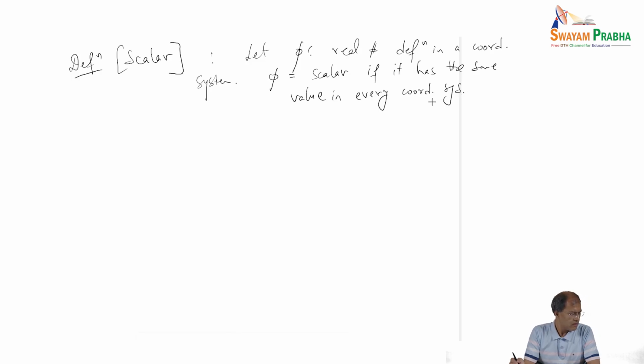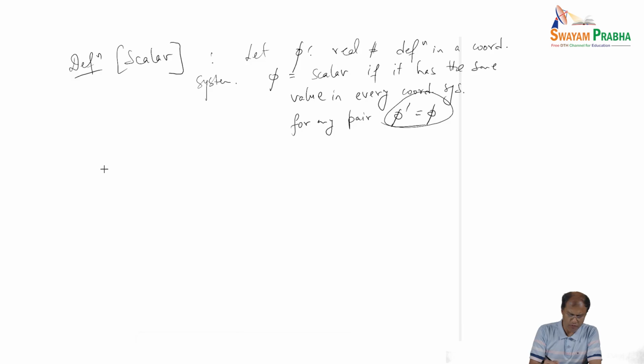So that is for any pair, phi prime is equal to phi. So the value doesn't change when we change from one coordinate system to the other, then those real numbers are scalars.